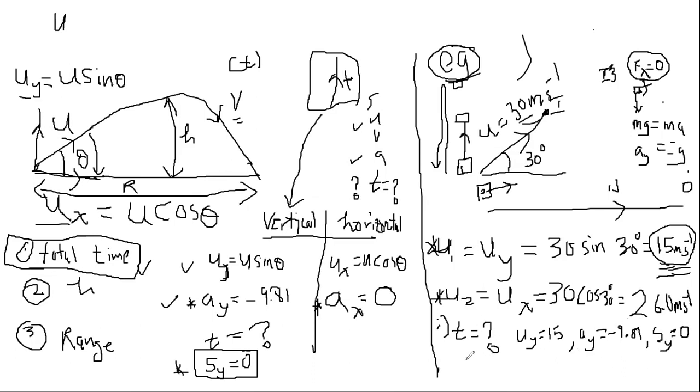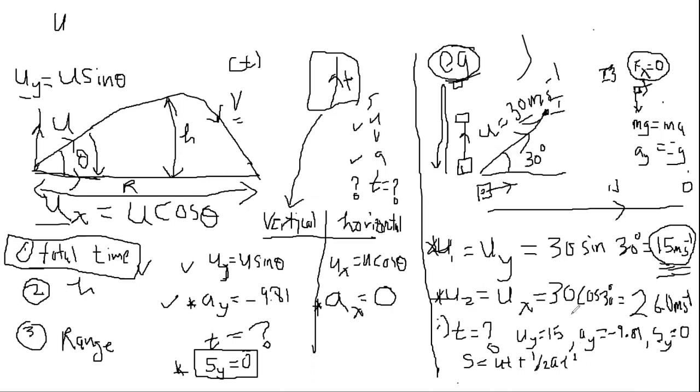Can you find the total time? What formula do you use? SUVAT, you're looking for t, so use the formula without v. So what formula is that? s equals ut plus half at squared. Okay, class, can you work out the time for me, please? Put in all your information.